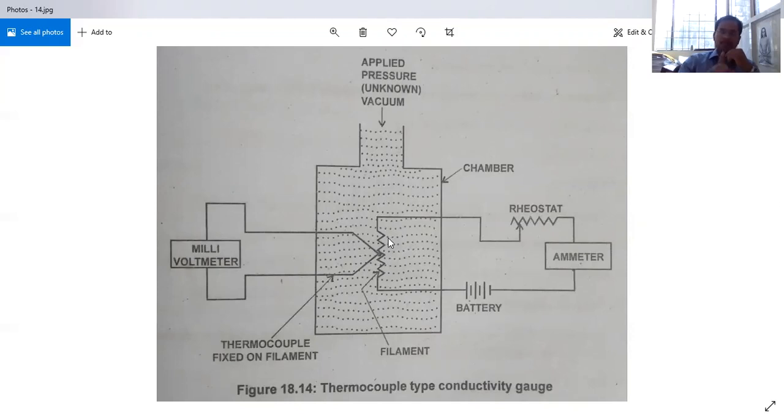The greater the contact with the surface, the greater will be the thermal dissipation, the heat dissipation.